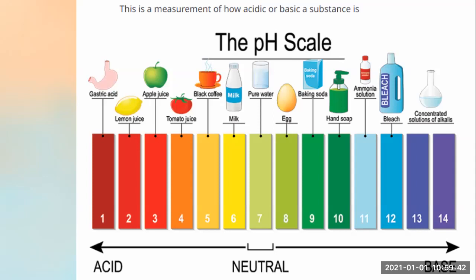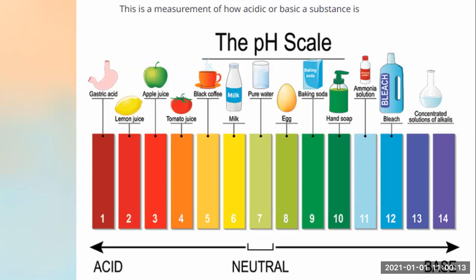So I found that baking soda is more basic as compared to eggs. Hand soaps are more basic than baking soda and egg. Ammonia solution is more basic. Bleach is more basic than all these things. Then concentrated solutions of alkalis are the most basic in nature. So what I learned here is the strength of the basic nature of the substance, right?